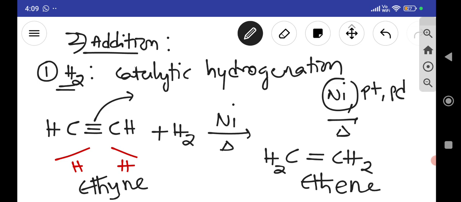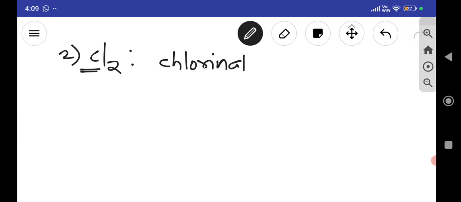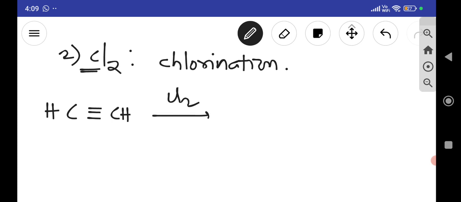Then imagine you are adding chlorine. Addition of chlorine is known as a chlorination reaction. Because it is a halogen, you can also call it a halogenation reaction. So taking CH triple bond CH with Cl2, one Cl is added here, another Cl is added there.